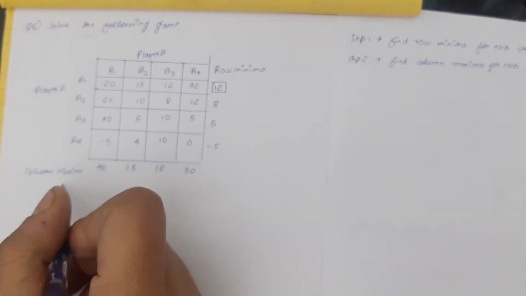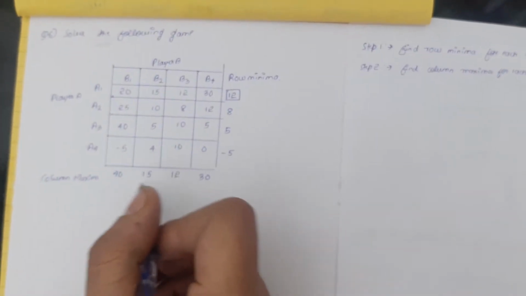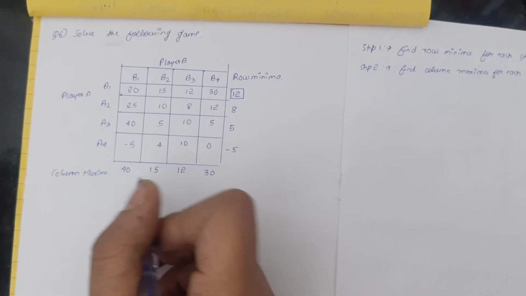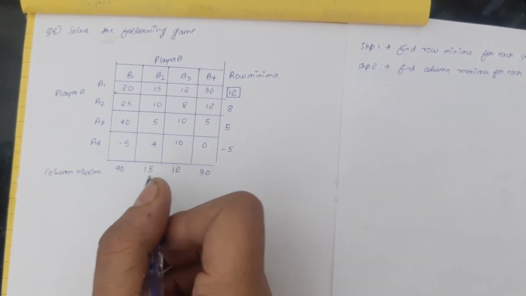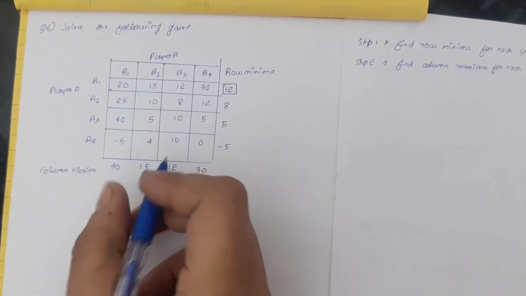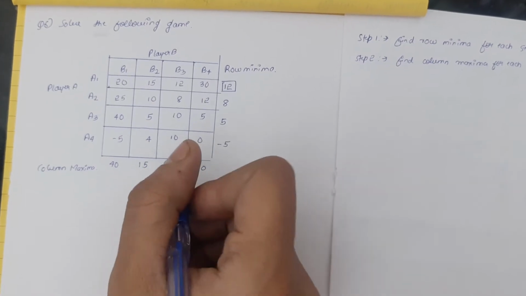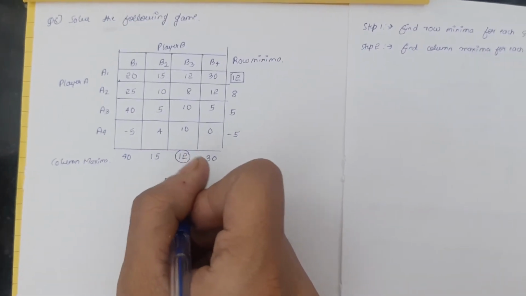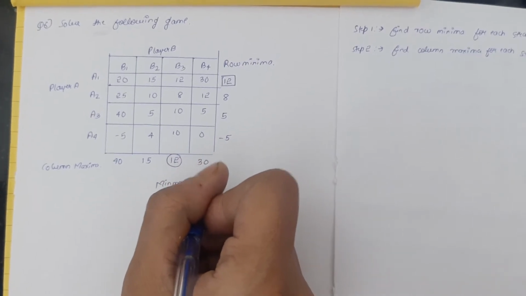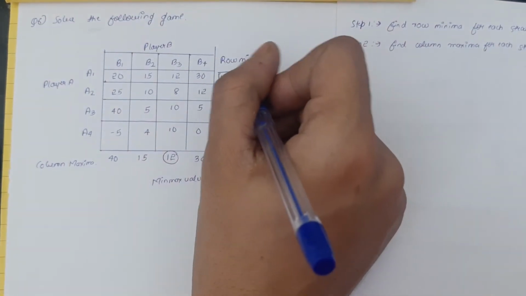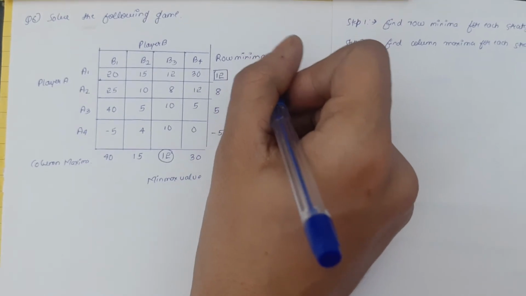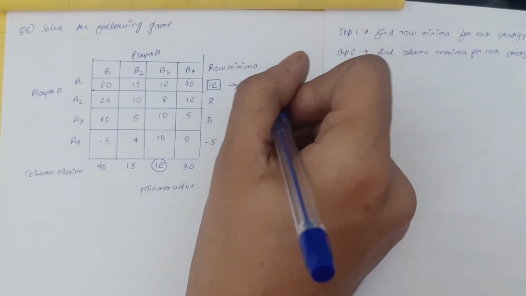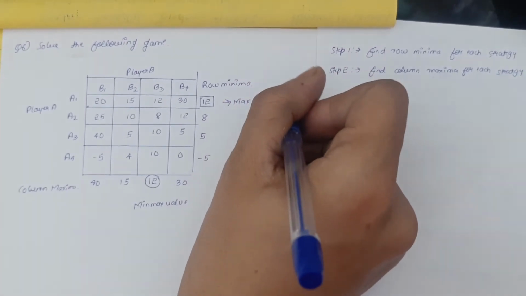So in the column maxima, we need to find out the minimum value. So out of 40, 15, 12 and 30, minimum value is 12. So this is called as min max value, that is minimum of the maximum value, and this is max min value, that is maximum of the minimum value.